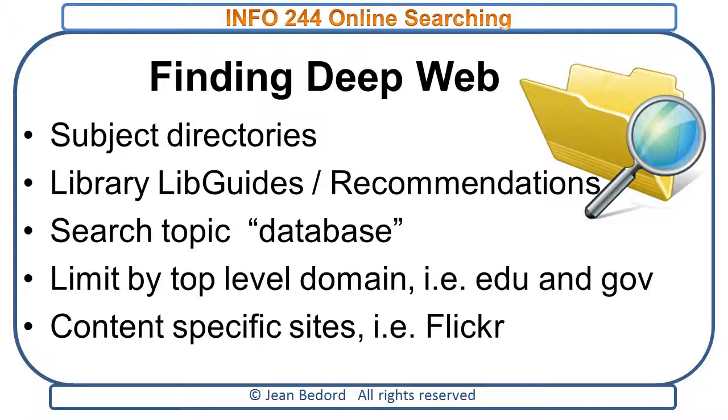This should retrieve the HTML pages which describe the database, which you can then access by URL. Another technique is to limit by the top-level domain, such as education and government. It also works for government-specific sites. The last technique is to go directly to content-specific websites, such as Flickr.